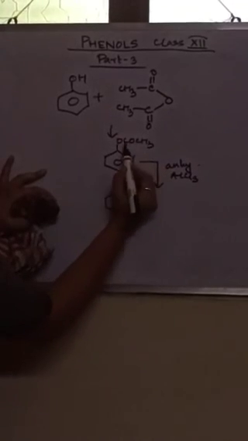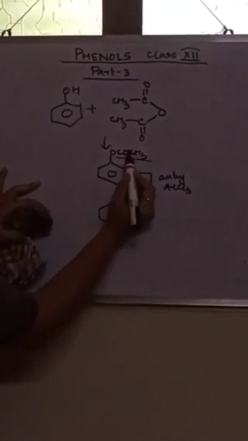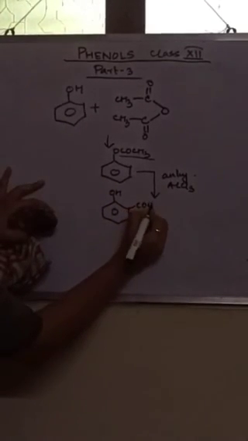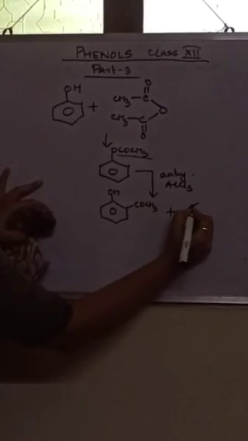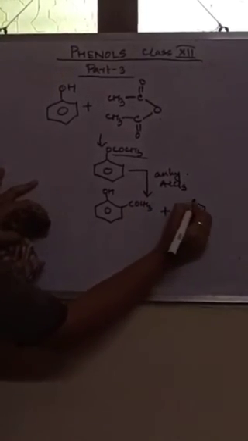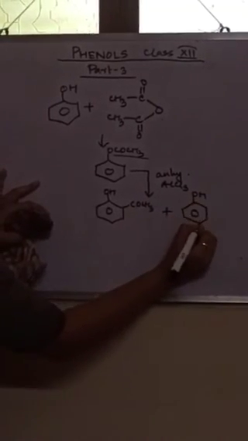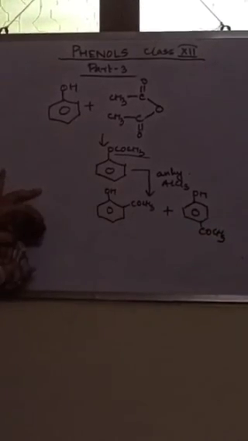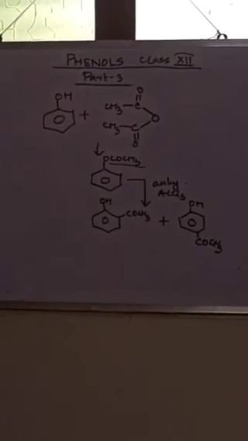Actually, the acyl group will migrate from phenolic O to the ortho and para positions of the aromatic ring. This is known as Fries rearrangement.